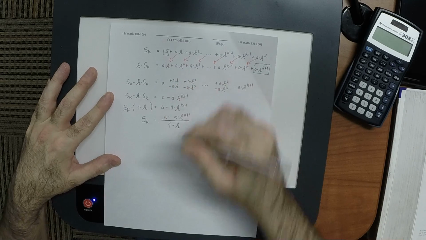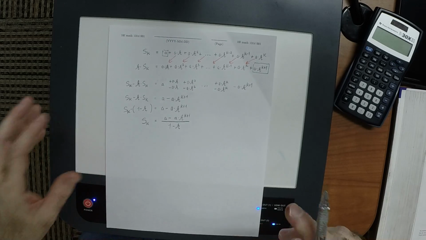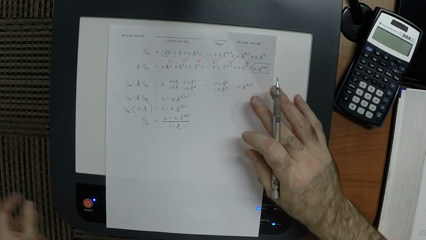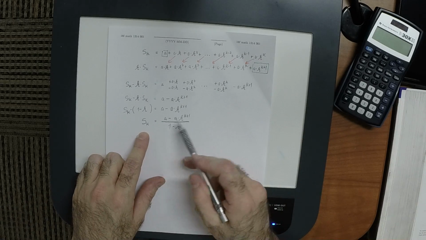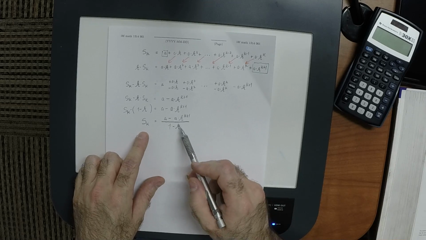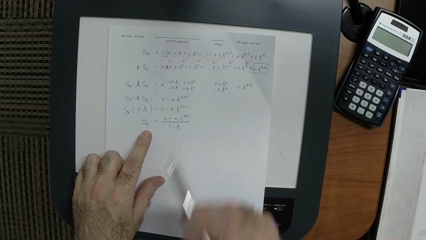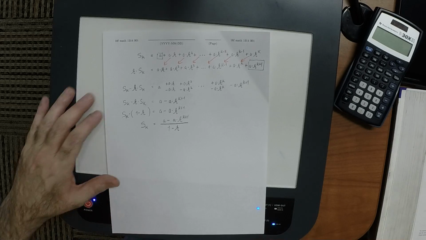And now, this is the kth partial sum. A and R are constant values. They're constants, right? So over here, the only variable is what? A and R are constant. What's the only variable? K. K is the only variable. All right, so now I'm going to compute a limit.